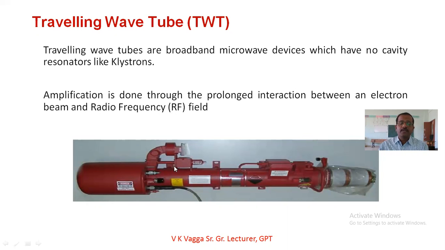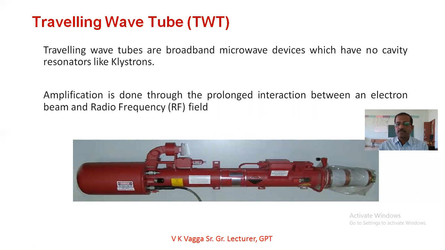This is the diagram of the TWT. It is visible in this way. If you take the traveling wave tube, it is nothing but a microwave device used to travel signals whose frequency is from 100 megahertz to 100 gigahertz.